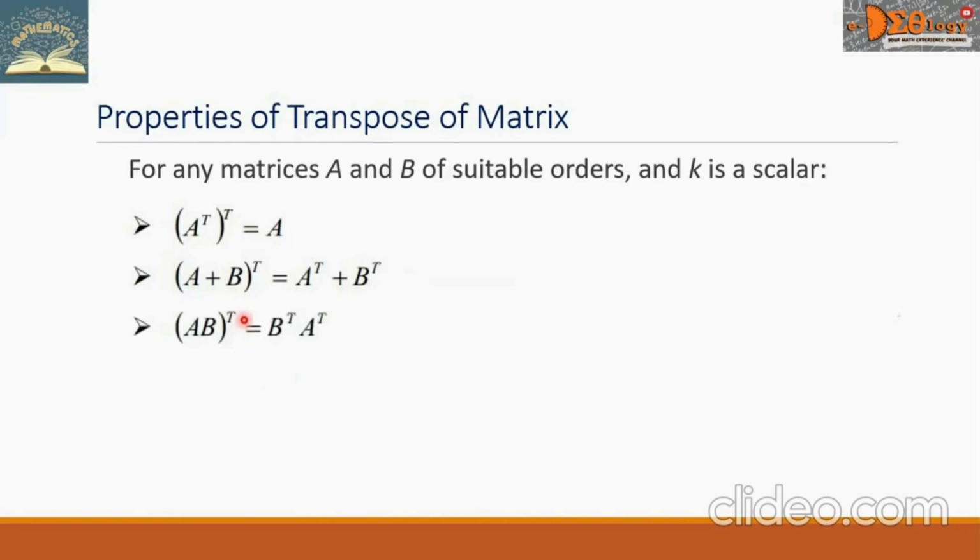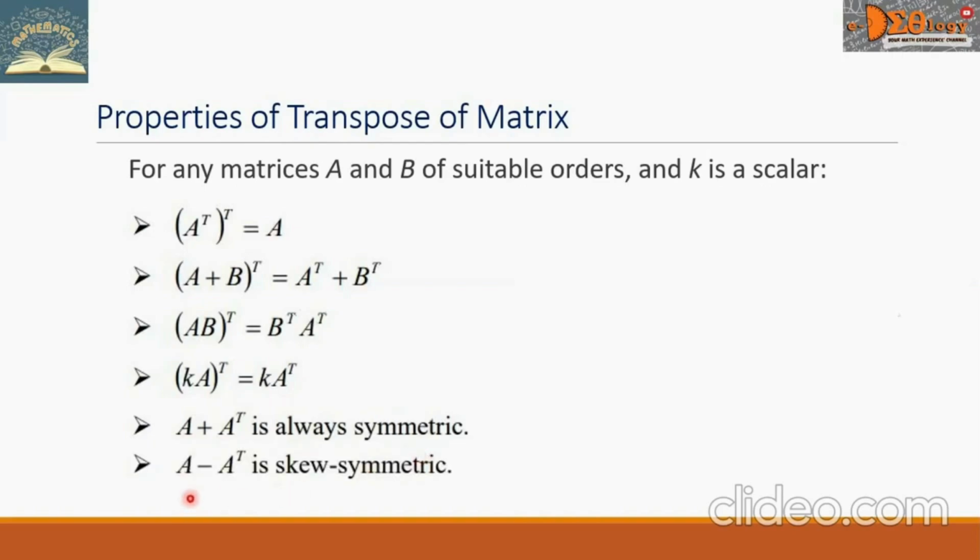Third, the transpose of the product A times B is equal to B transpose times A transpose. Fourth, the transpose of the product K times A is equal to K times A transpose. Fifth, A plus A transpose is always symmetric. The last, A minus A transpose is skew symmetric.